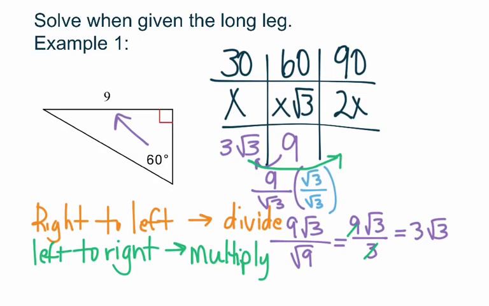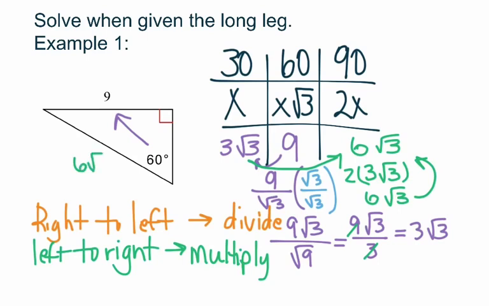So we're going to do 3 square root of 3, and we're multiplying that by 2. Okay, so 2 times 3 is 6 square root of 3, so that's going to be our answer. So 6 square root of 3, and then our short leg was 3 square root of 3.